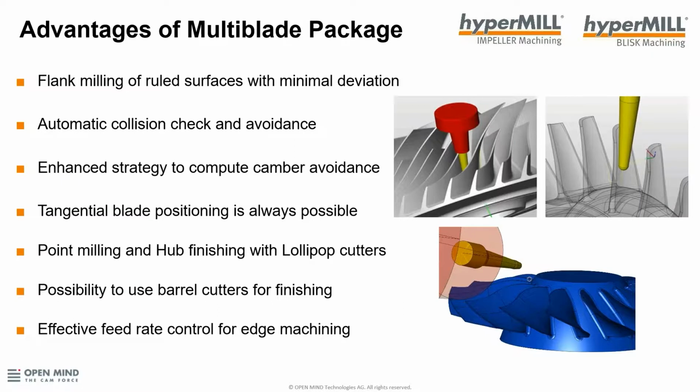Roughing can be done with either general hyperMILL cycles as well as multi-blade cycles. Ruled surfaces can be checked using UV curves or zebra analysis, or even using multi-blade flank milling cycles that I showed you in the last slide. Flank milling gives a very uniform finish for the blade surfaces. There's effective feed rate control. It is possible to attain high quality leading and trailing edges.